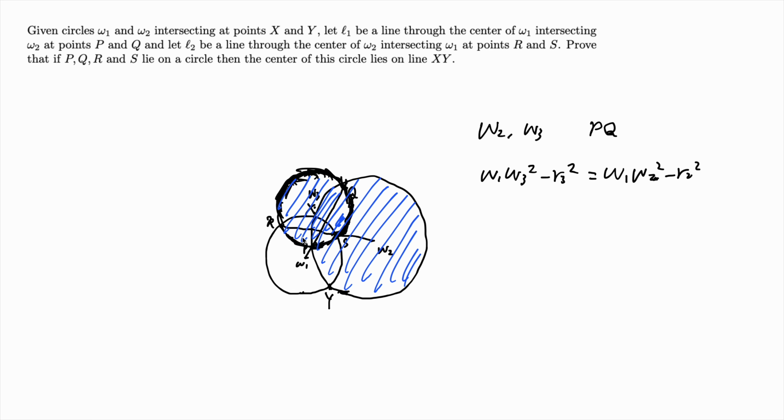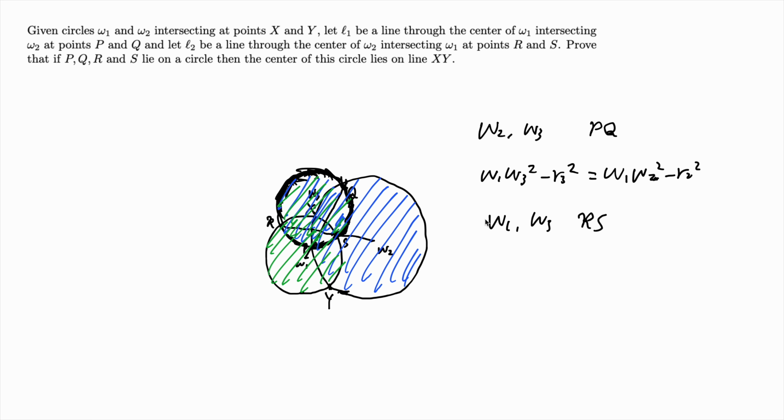And now let's look at these two. This one and this one. Looking at them, for omega sub 1 and omega sub 3, RS is the radical axis, and by construction, omega sub 2 lies on the line RS.